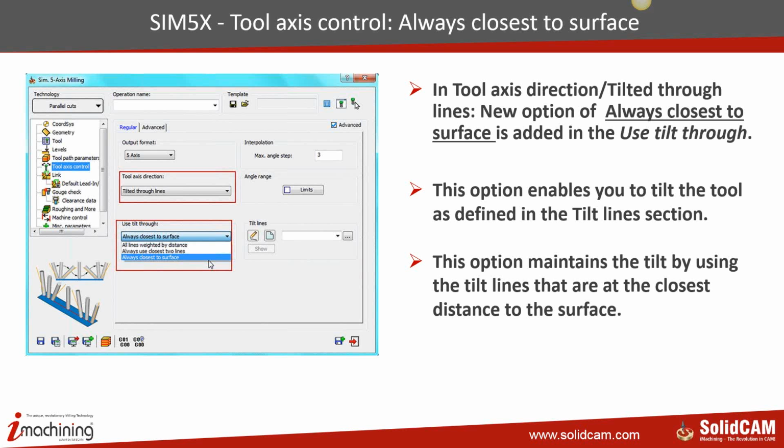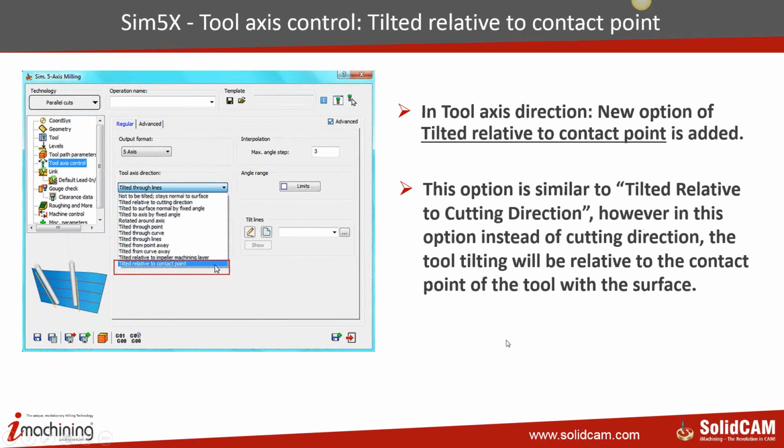Another nice and interesting option in Sim5X. We have got another new tool axis control option, and that is tilted relative to a contact point. With this option, basically, rather than the software trying to tilt relative to the cutting direction, we now tilt the tool relative to the contact point of the tool on the surface.